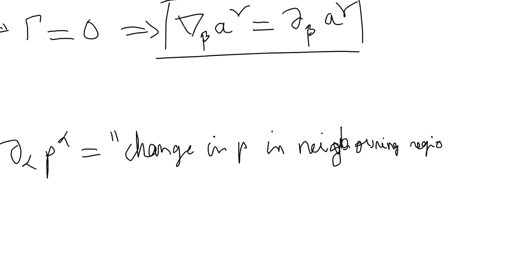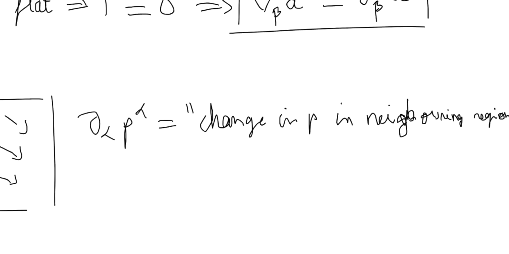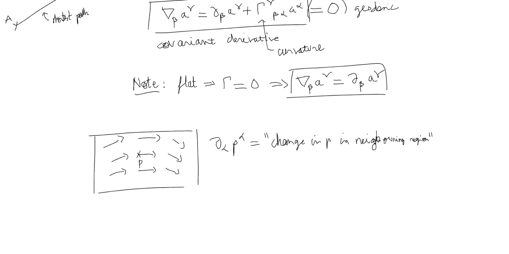This is a shorthand notation for del A alpha over del x alpha, with the Einstein summation convention.